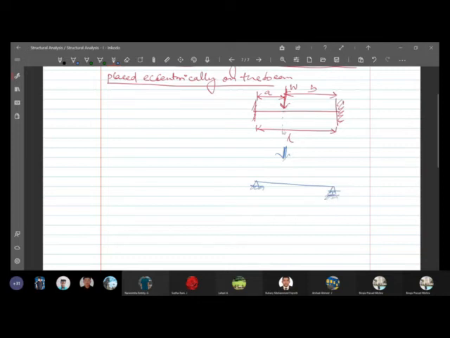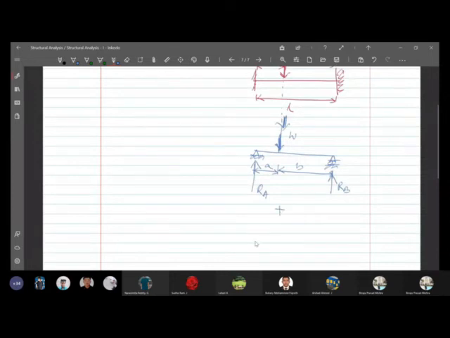I have this load W. This length is A, and this length is B. Here I will have RA, here RB, and another one will be again a simply supported beam with the fixed moments MA and MB.